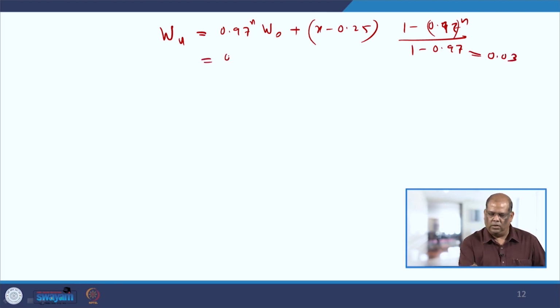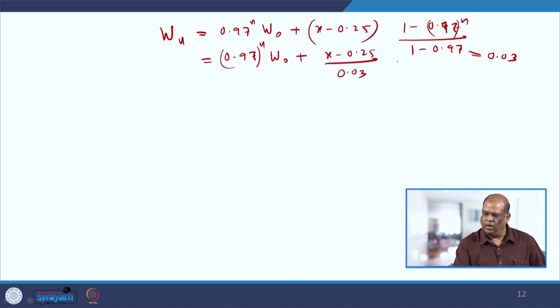So, you get 0.97 to the power n W0 plus x minus 0.25 divided by 0.03, times 1 minus 0.97 whole to the power n.